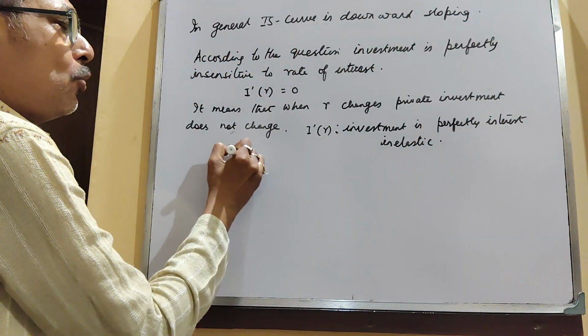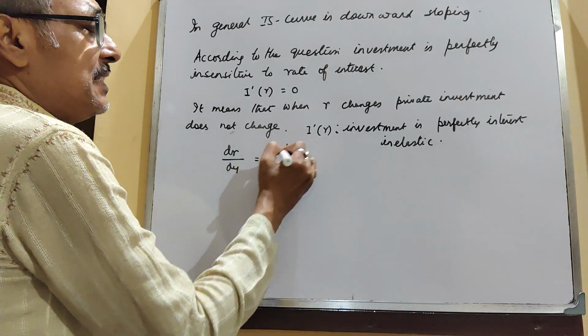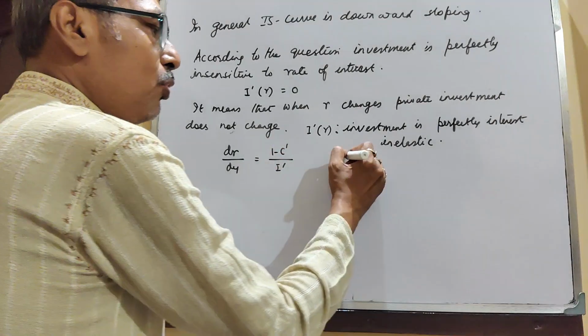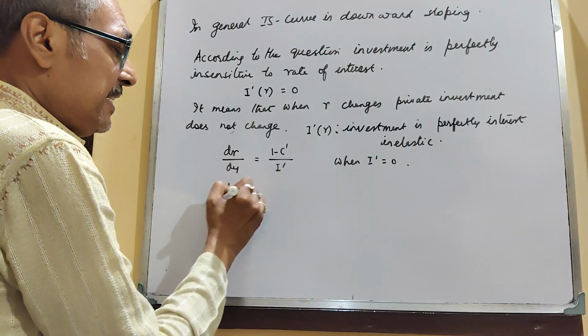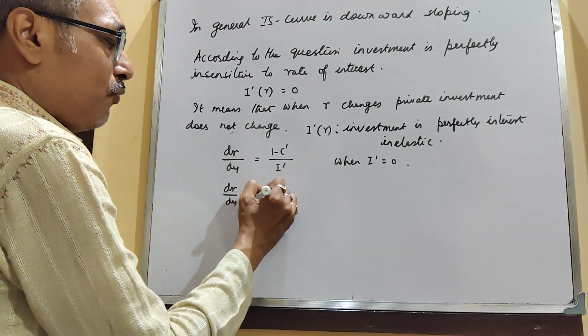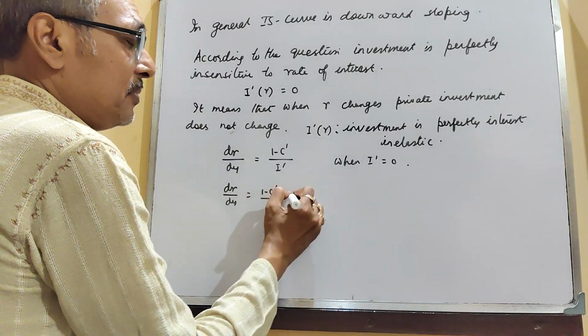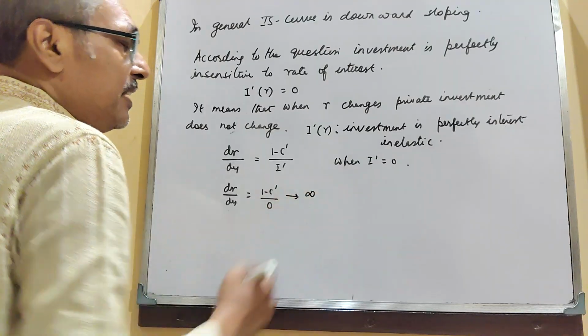Now, what is the slope of the IS curve? dr/dY equals 1 minus C prime by I prime. When I prime equals 0, dr/dY equals 1 minus C prime by 0. This is undefined or tends to infinity.